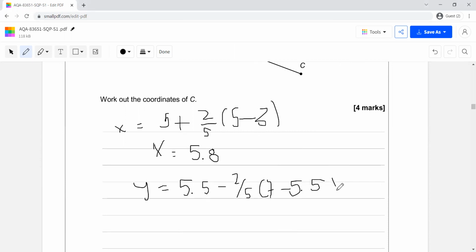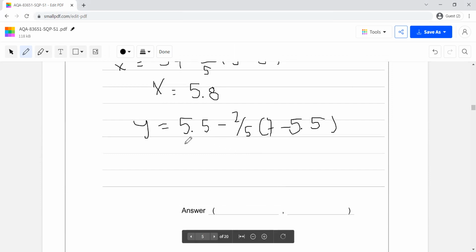This is a more difficult one to do straightforward, but 7 minus 5.5 is 1.5. And minus 2/5 of 1.5 is minus 0.4 times 1.5, which is minus 0.6.